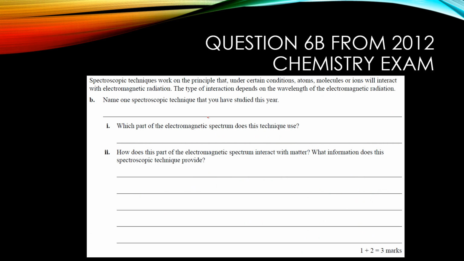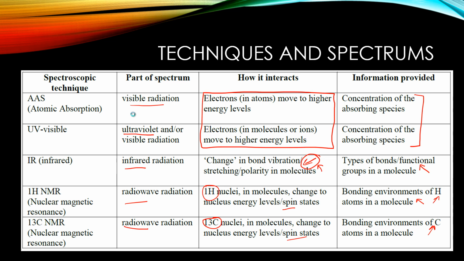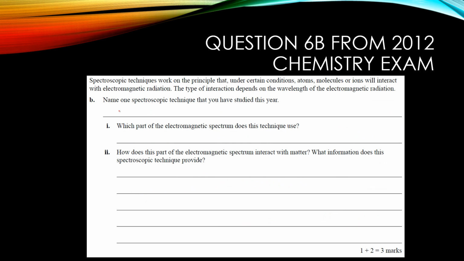So here we have a question from the 2012 chemistry exam, and it asks you to state a spectroscopic technique. Now we could look at any of these ones listed here, and we could actually state, what part of the electromagnetic spectrum does this technique use?